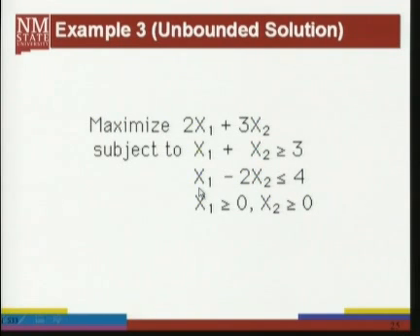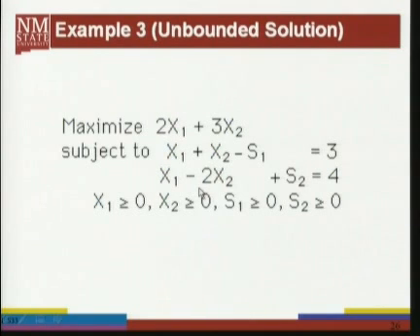In this case, we need to introduce one surplus variable and one slack variable. For a greater than or equal constraint, we introduce a surplus variable, but for a less than or equal constraint, we introduce a slack variable. Both should be greater than or equal to 0. That's our assumption.